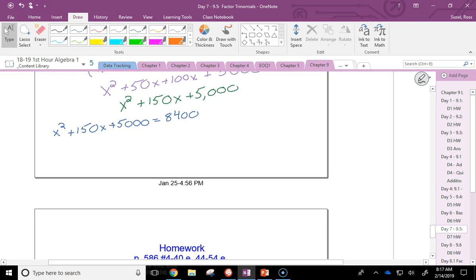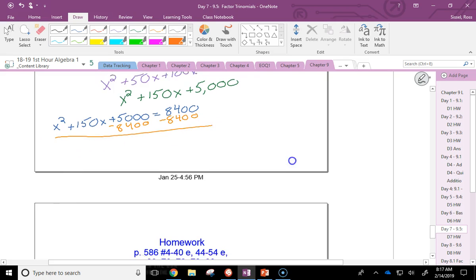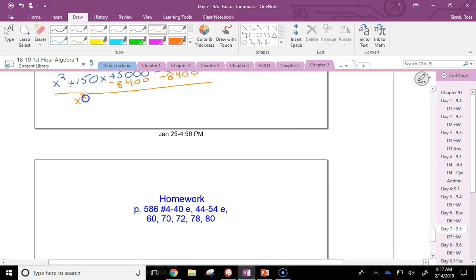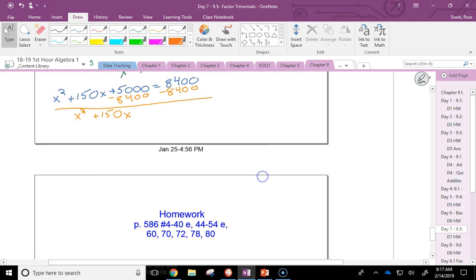So we are going to subtract the 8,400. x squared plus 150x. Oh, that's going to be what? Negative 2,600? I don't know. Yeah, that sounds right. Yeah, we'll call it good.